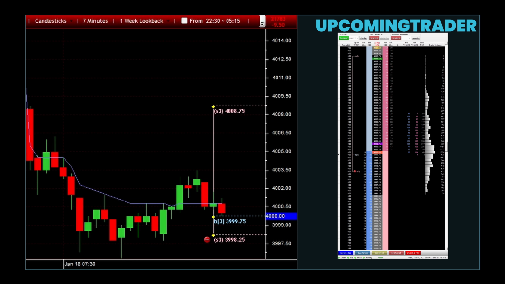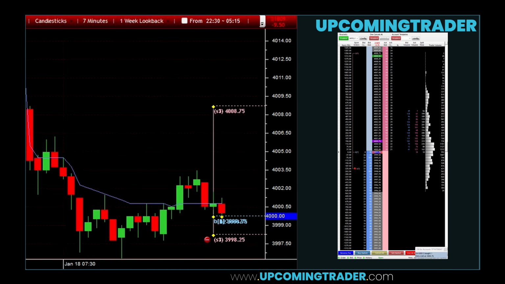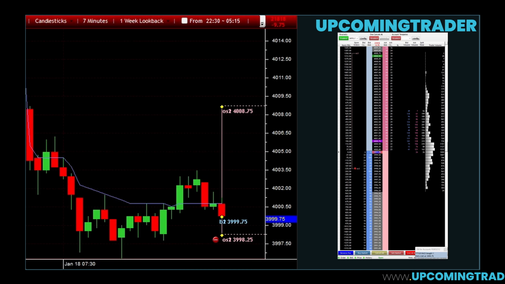A double bottom pattern, which resembles the letter W, often indicates that the price has found strong support and is preparing for an upward move. The presence of the large buy order below the current price adds even more confidence to this reversal scenario.